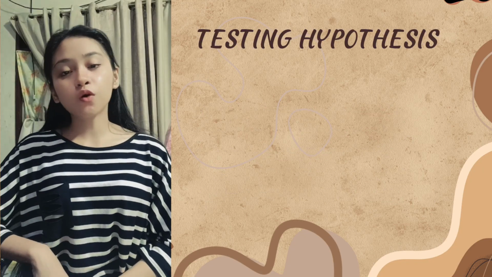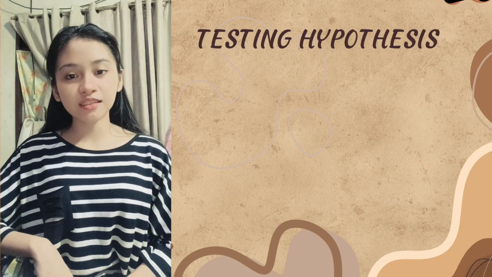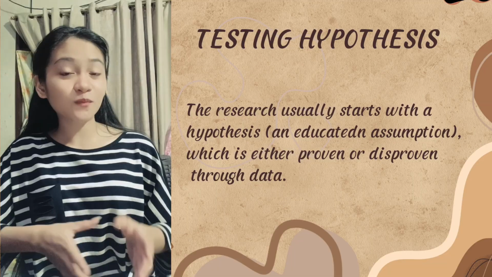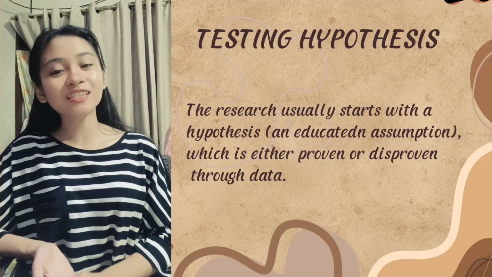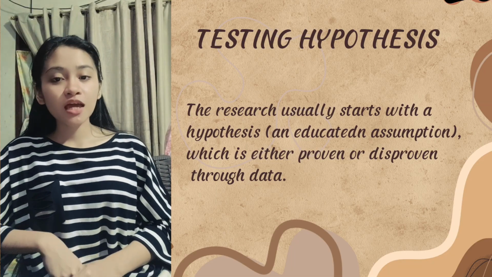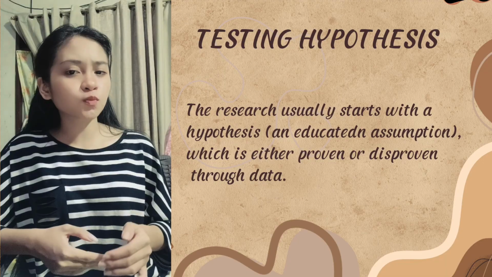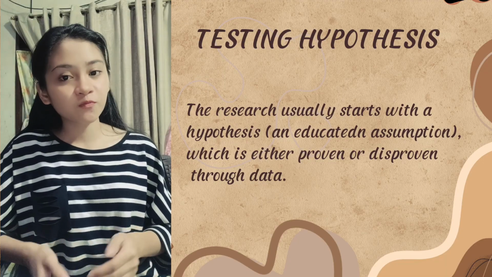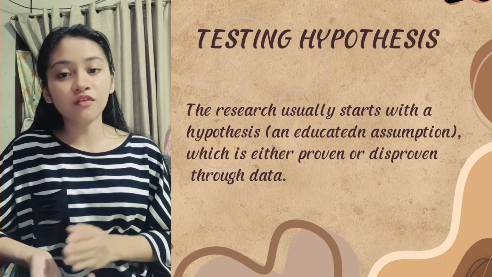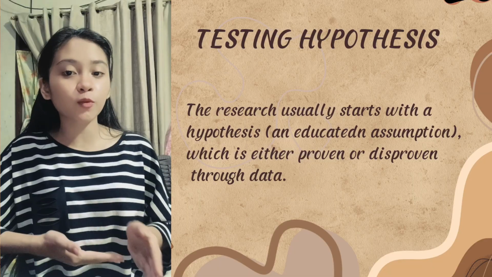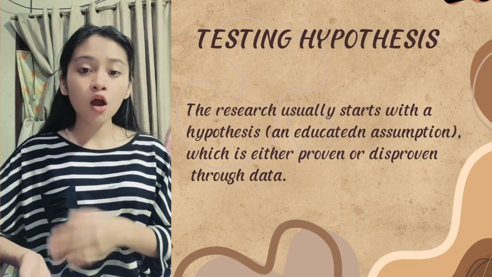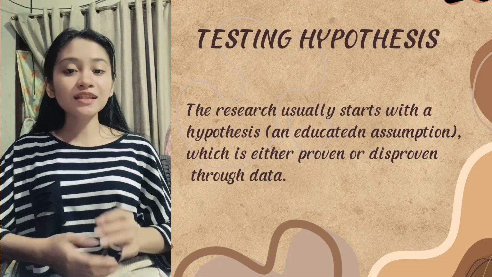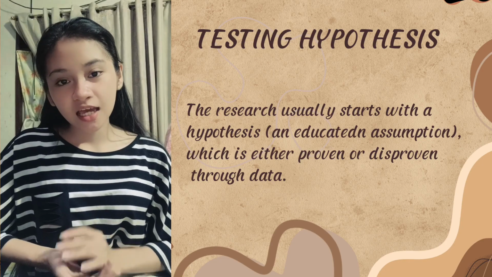Quantitative research also tests hypotheses. Quantitative research often begins with a hypothesis, or an educated guess, that the researcher wants to prove or disprove. The data collected helps in confirming whether the assumption is true or not. So this is an example hypothesis.